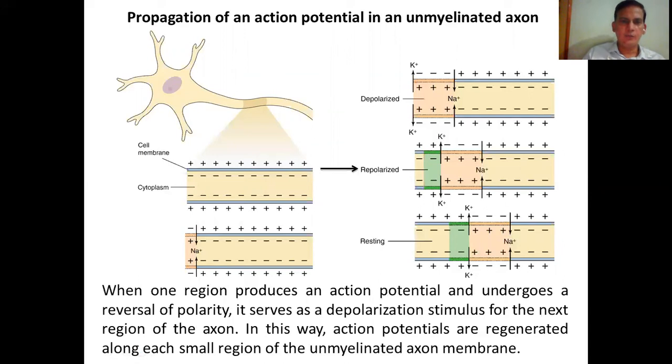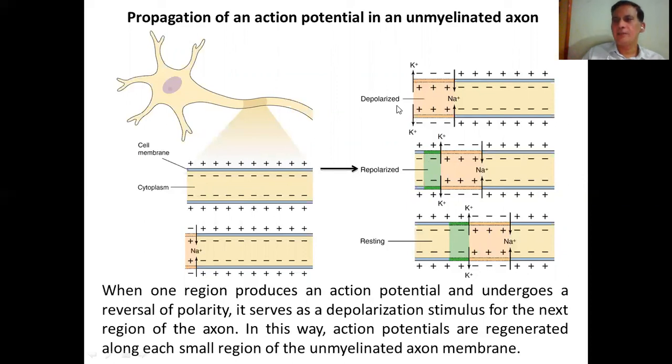That will lead to the conversion of this negative to positive charge. As more and more sodium is taken up, there will be more and more generation of positive charge, or in a way depolarization will take place. Now to counteract this depolarization, the potassium ions will be pumped out, and again the negative charge will be restored.